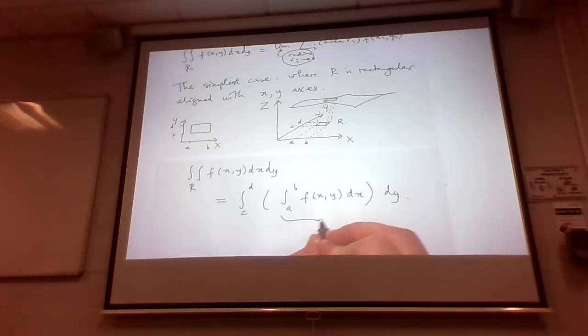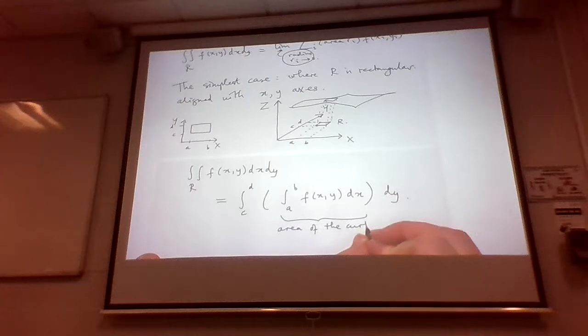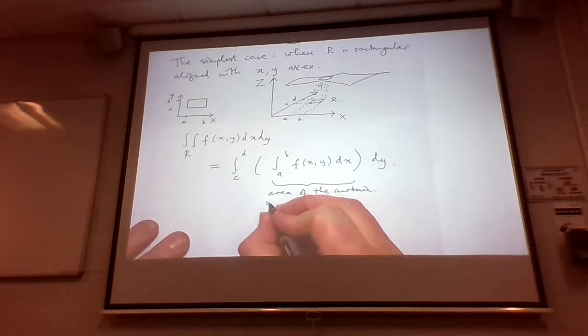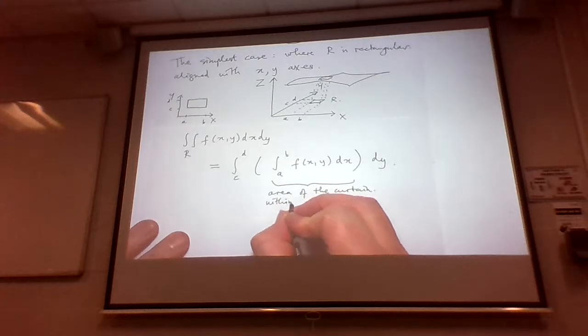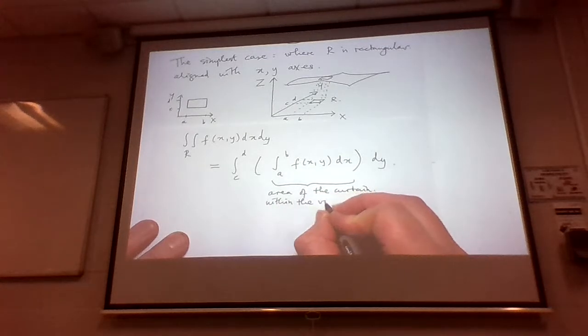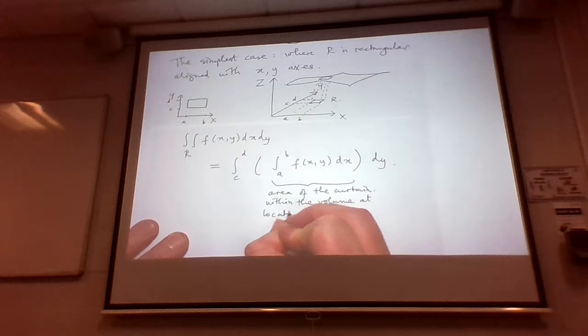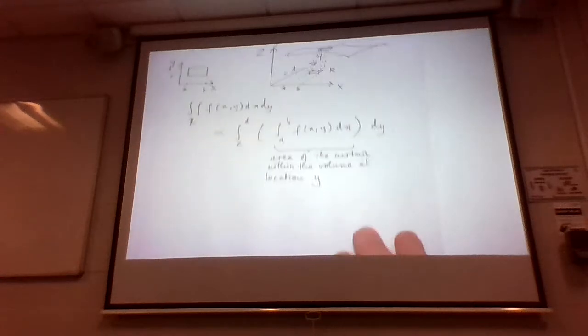This inner integral has an interpretation. This is the area of the curtain within the volume at location y. Now we'll try and draw a good picture of that.